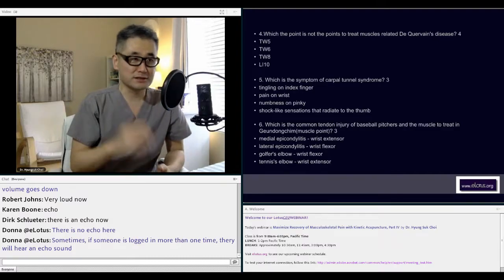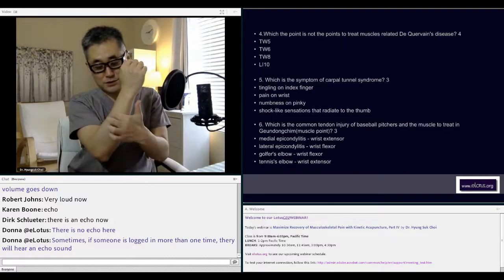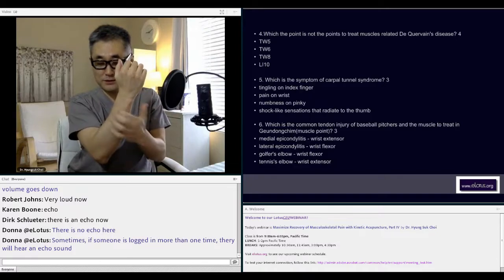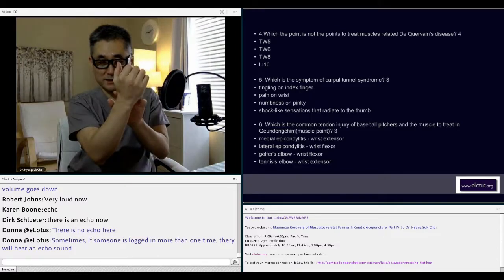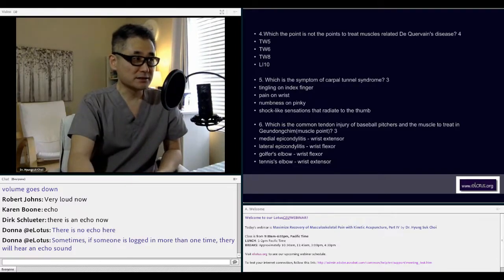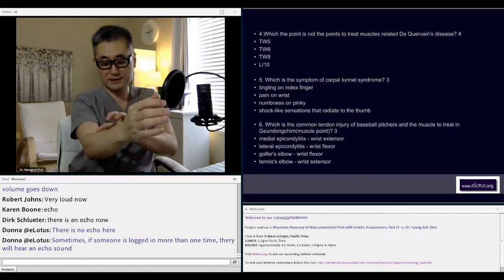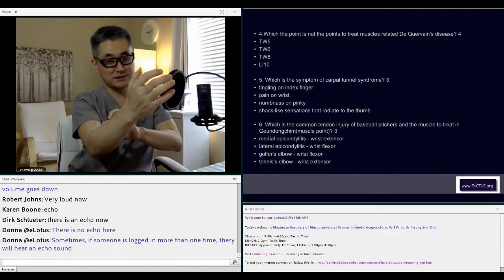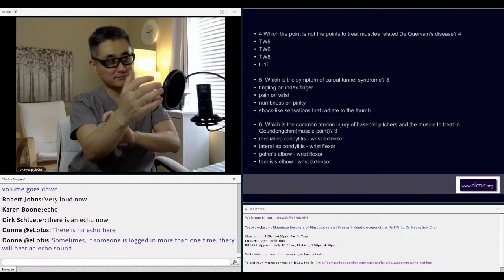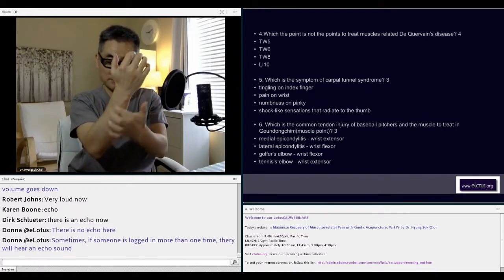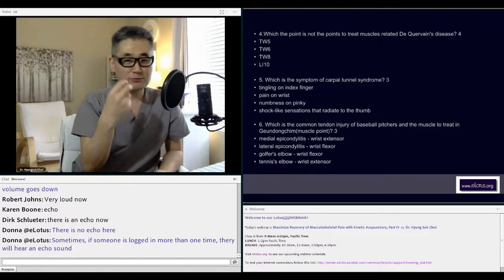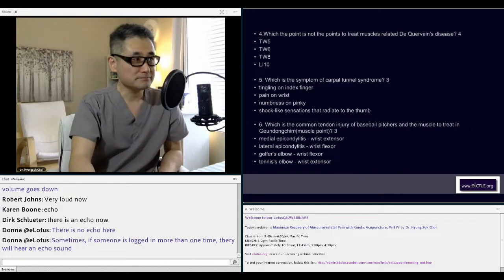This question is asking which muscles and which point you treat for treating Quervain's disease. So the correct answer is LI10. LI10 is around here, so it has nothing to do with Quervain's disease. So we need to treat this point as a 관동침, as a 근동침, muscle acupuncture.